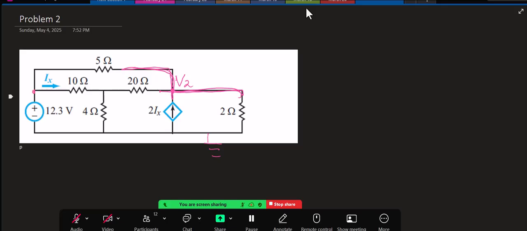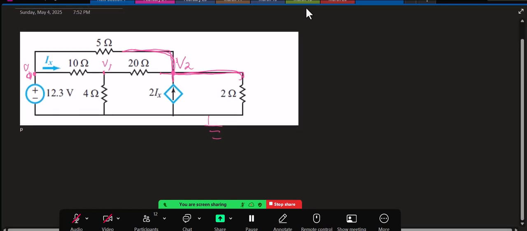And this is another node, and I'm going to call it V1. I could call this one V0, but I'm going to call it something else.